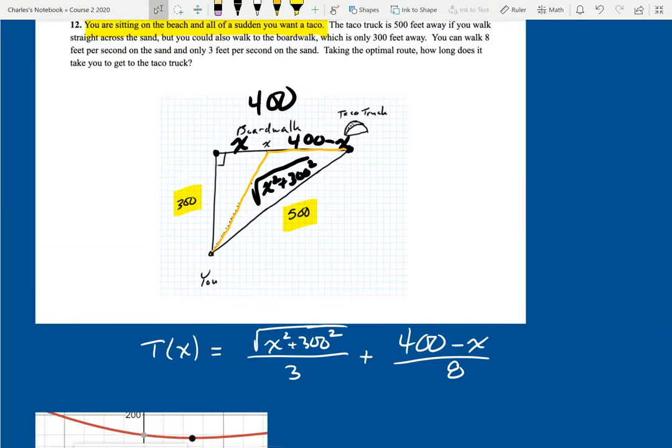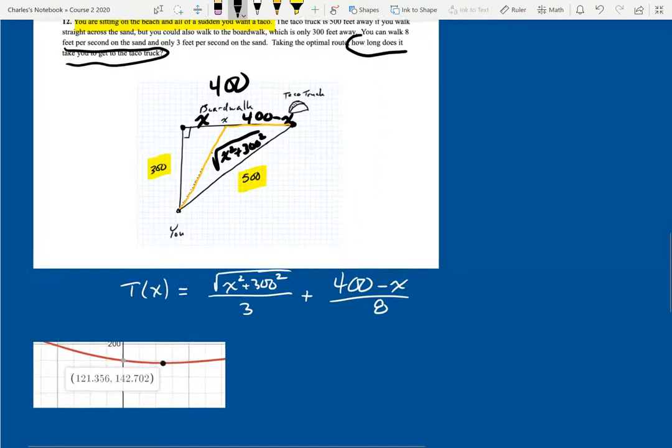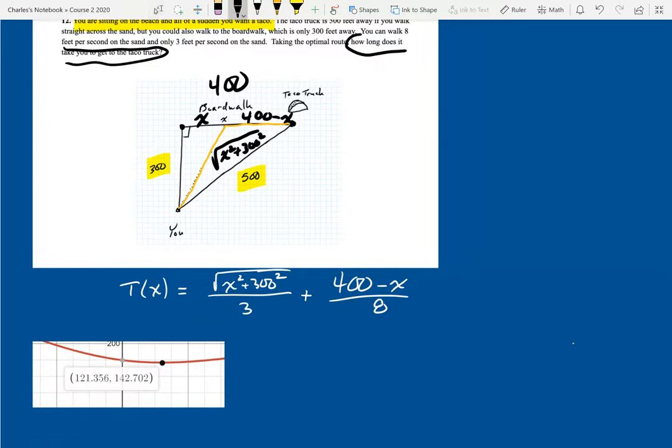But the question says, how long does it take you to get to the taco truck? That's asking you for the amount of time, which conveniently is the y value. So time equals 142.7. And what is it measured in? It's measured in seconds. Or I think this is 2 minutes and 22 seconds.